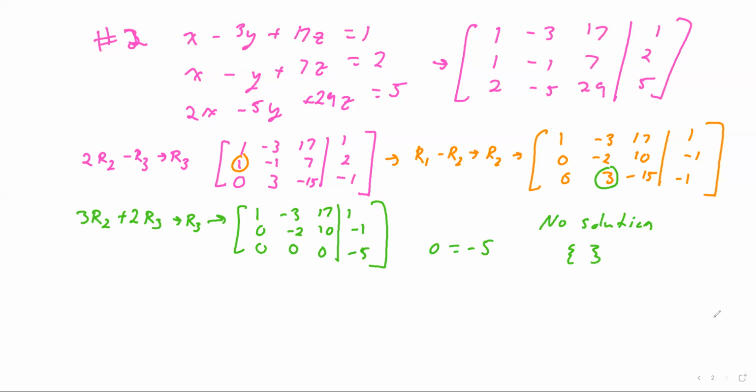All right, so let's look at some different cases just so you're prepared for your homework. Let's do number 3. So let's say this is x plus 3y plus 9z equals 12. And then let's say this is 2x plus 7y plus 22z equals 26.